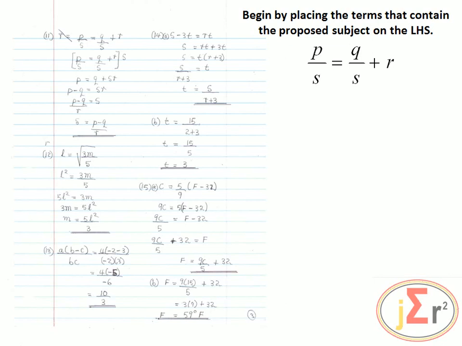In this first step, we will cause all of the terms that contain S to be accumulated on the left hand side, and of course we will do that by subtracting the fraction Q over S from the right hand side, and we will subtract the fraction Q over S on the left hand side. That will cause Q over S to be eliminated from the right hand side, and on the left hand side we have P over S minus Q over S.